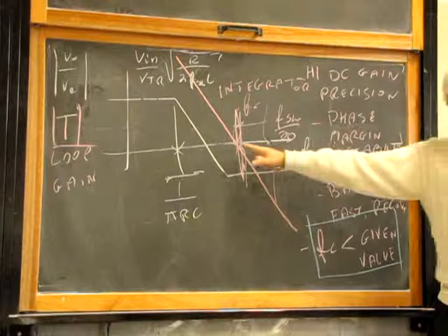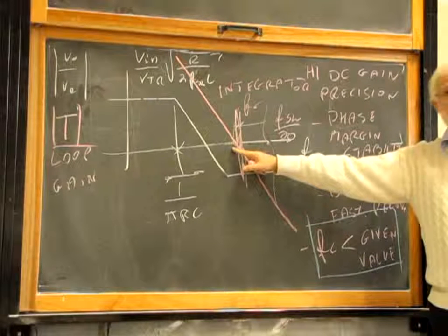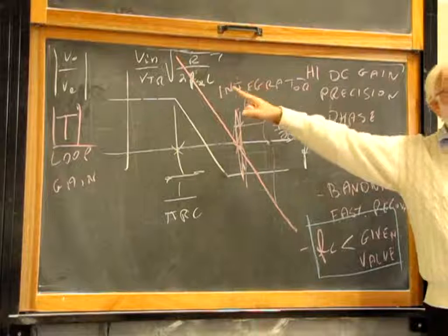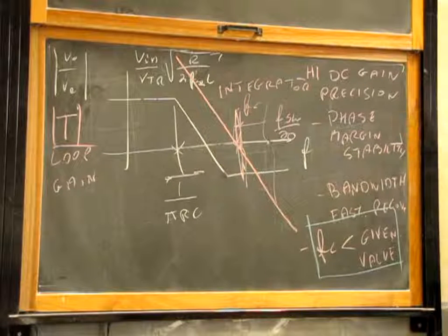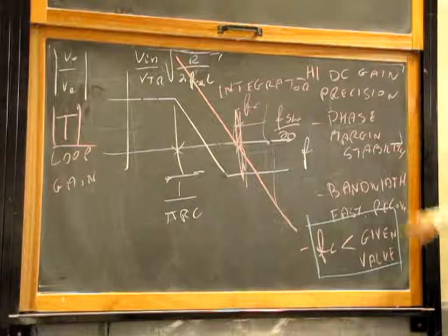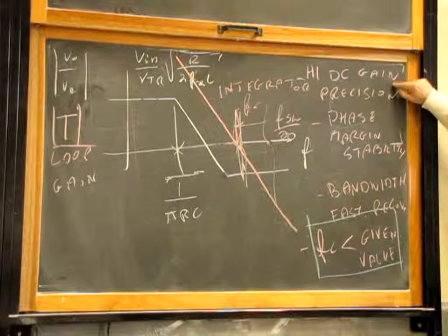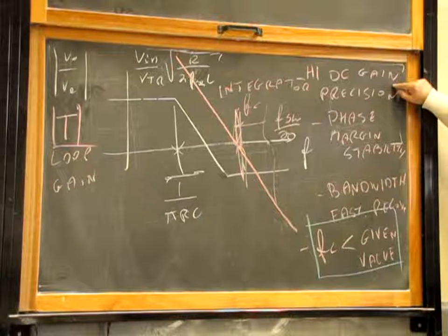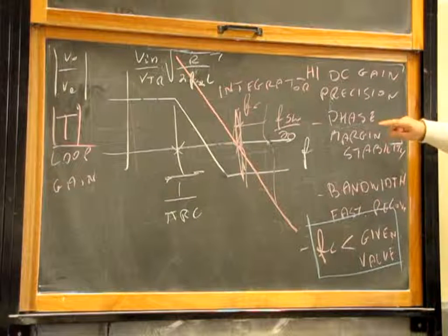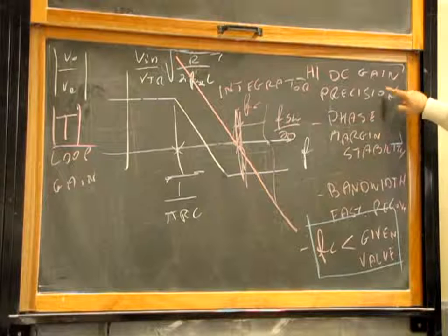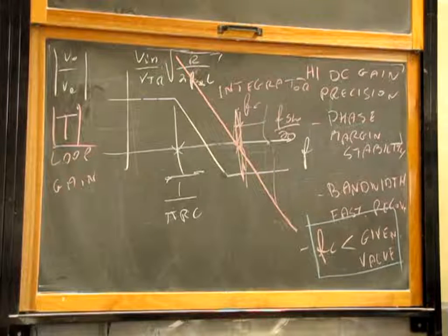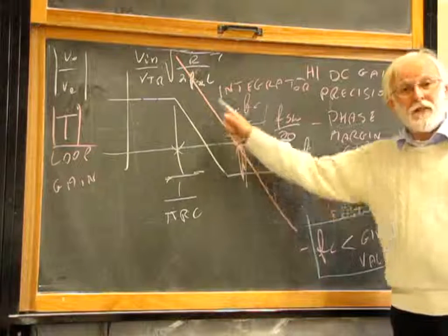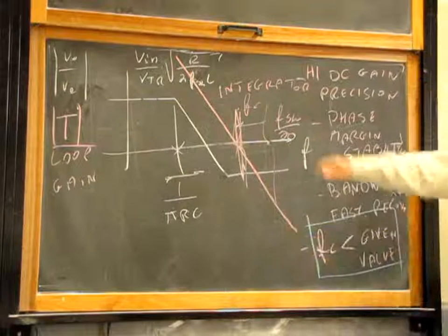Because if I put an integrator in my loop, the DC gain is very high, so my system is accurate. For precision, for high DC gain, you ask for an integrator. So with an integrator, my DC gain is very high, and so the system is precise. Then, phase margin. If I am able to get this kind of loop gain transfer function, what phase margin do I have?